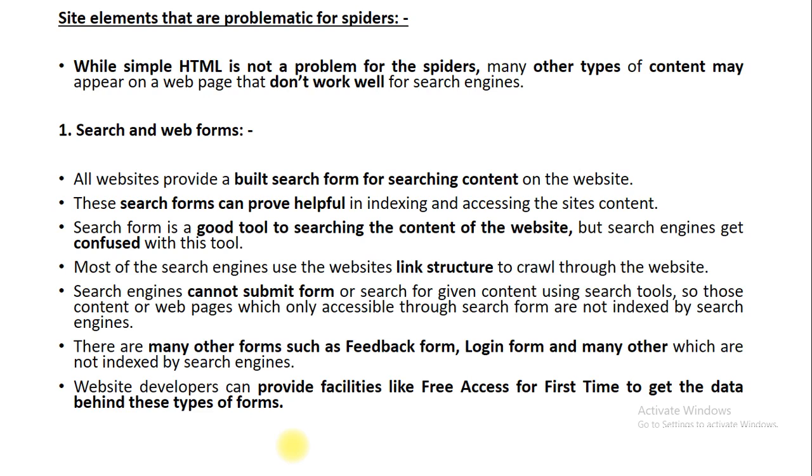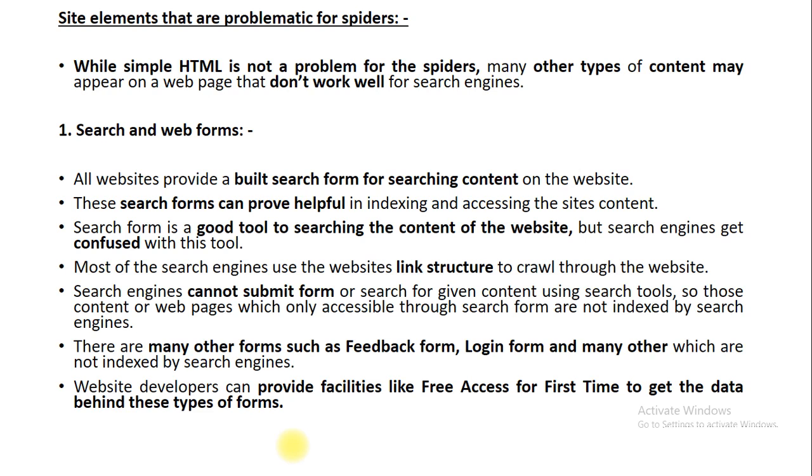So it cannot be accessed by the spider, or we can say whatever content you have provided using the search box within the website cannot be indexed by the spider. So a search form is naturally a good tool for the website itself, right? But it may create confusion for the search engine as well as for the spider itself.